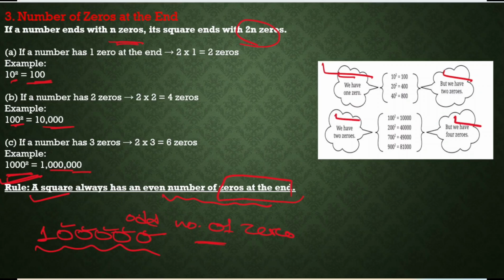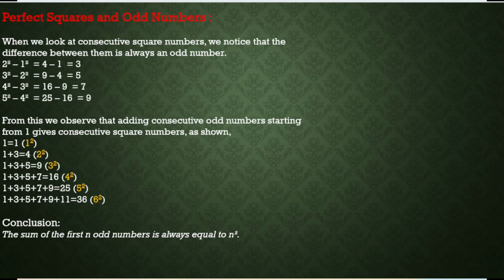Next, see perfect squares and odd numbers. What is 2 square minus 1 square? 2 square is 4 and 1 square is 1, so 4 minus 1 is 3.